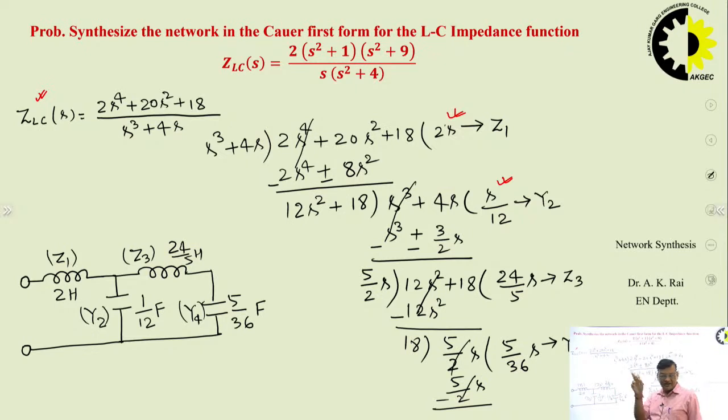So 1 by SC is the impedance. If we invert it, we get the SC, as admittance will be SC. So what will be the value of the capacitor? It will be 1 by 12. So C is 1 by 12, okay, and so this is the structure of your Cauer first.